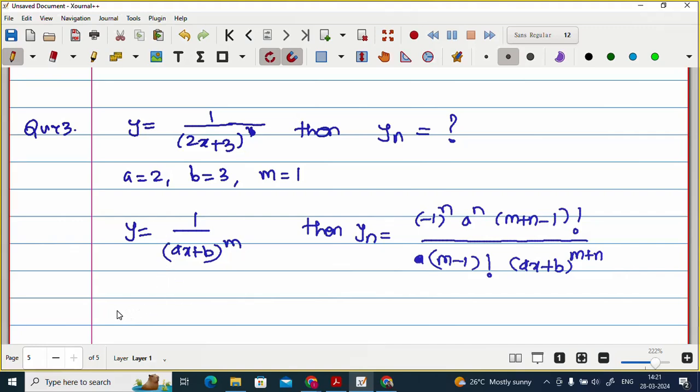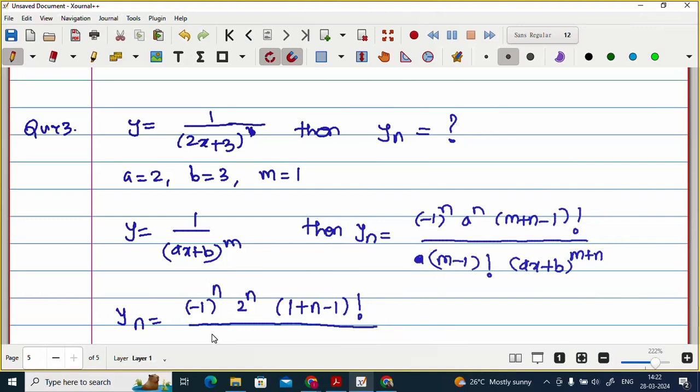Now here we have a is 2, b is 3 and m is 1. So the nth derivative for the given example will be what? Minus 1 raised to n, a raised to n, a is 2, so it is 2 raised to n. M plus n, so m is 1 here, so it is 1 plus n minus 1. I am just putting the values of a, b and m in this formula.